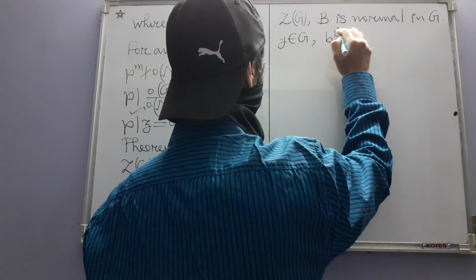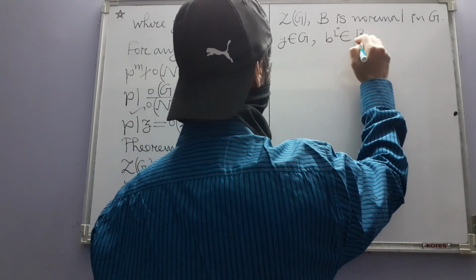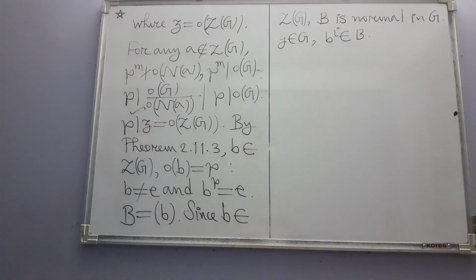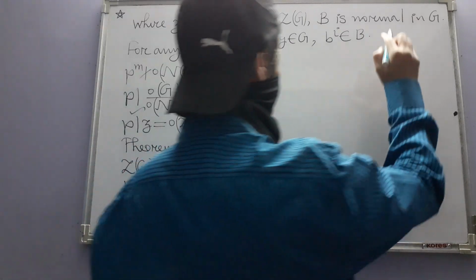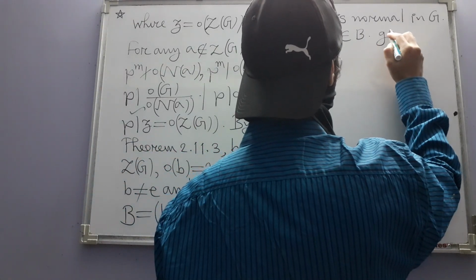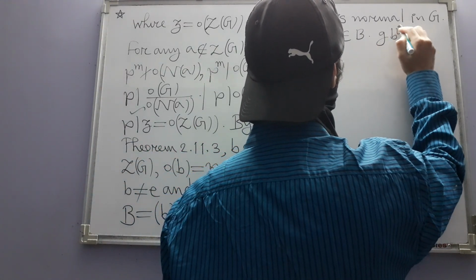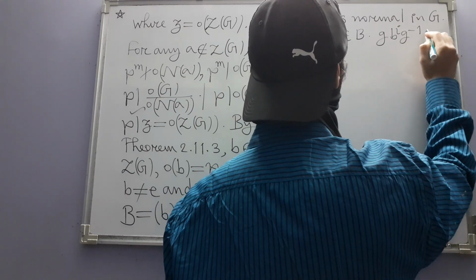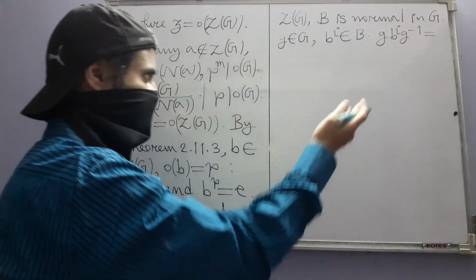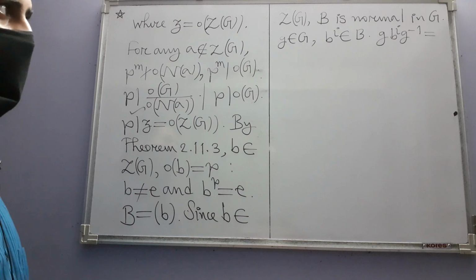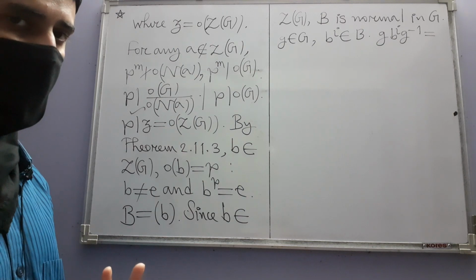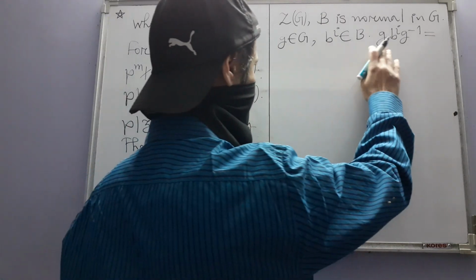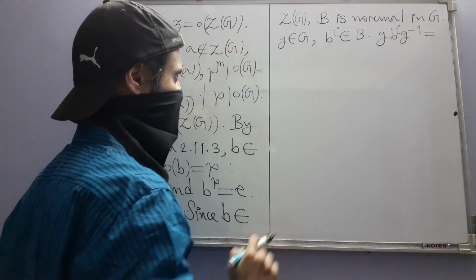So say B to the power i. And then you look at this conjugate, g B to the power i g inverse. If you want, you can take the inverse first also. Ultimately, it does not matter, meaning nothing changes essentially.